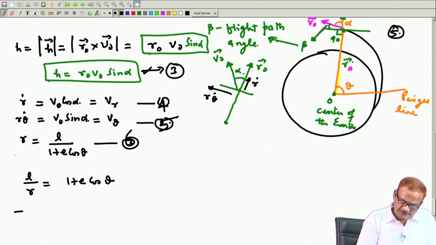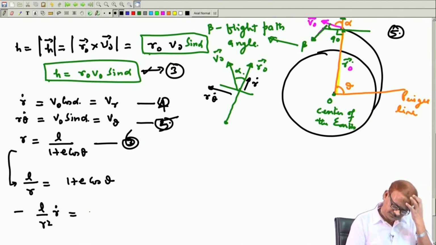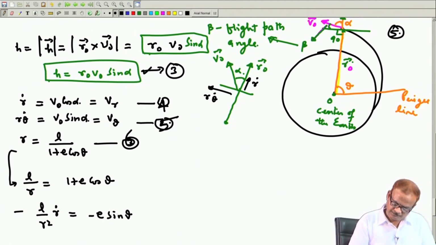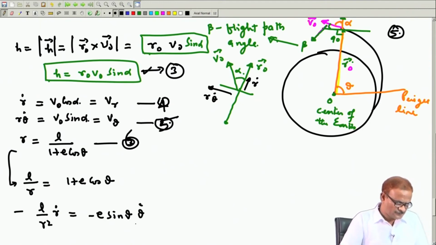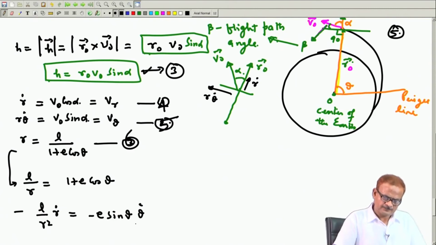From here this equation can be reduced in this format. Minus E sin theta into theta dot.